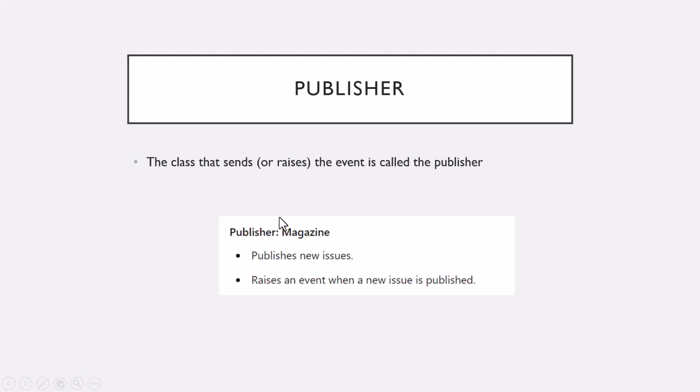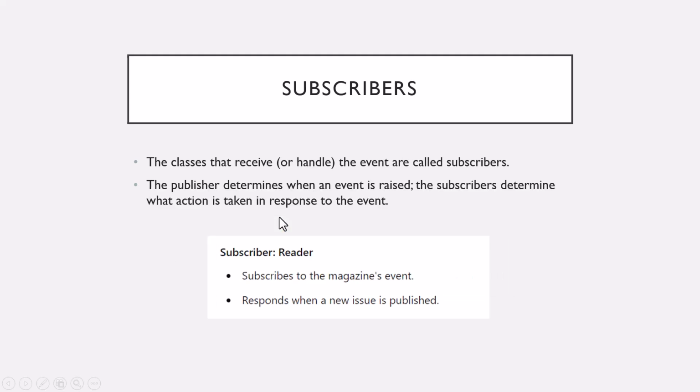Okay, and what is the subscriber now? The subscriber classes, the classes that receive or handle the events, are called the subscribers. The publisher determines when an event is raised and the subscriber determines what action is taken in response to that event.